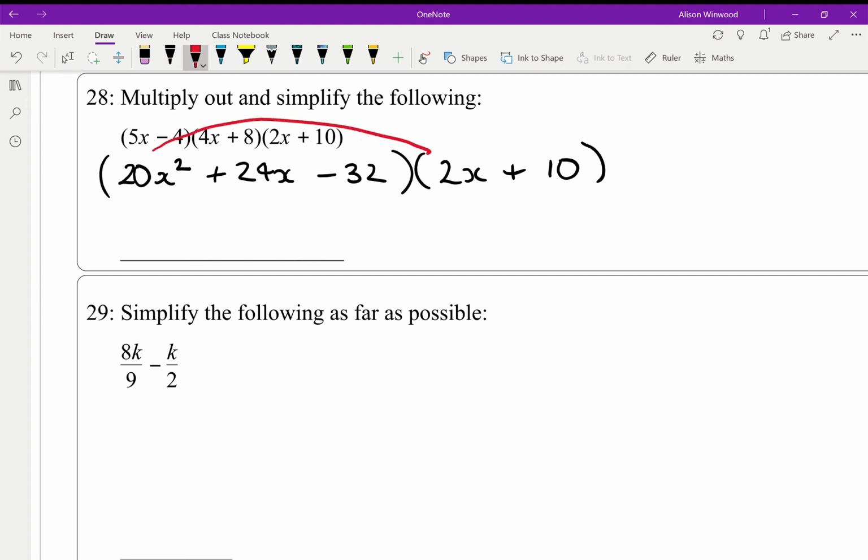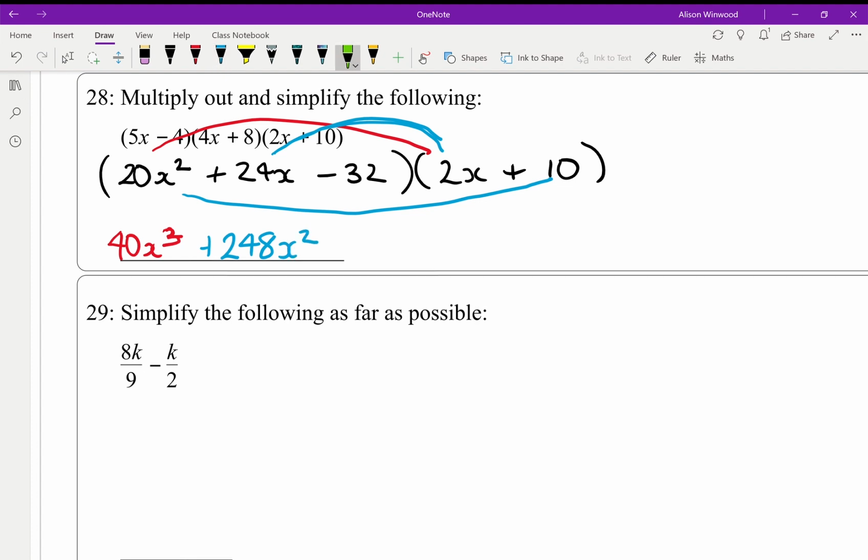So I get 40x, sorry, x cubed, 48x squared plus another 200, so that's 248x squared, -64 plus 240x, that's a positive 176x, and finally subtract 320.